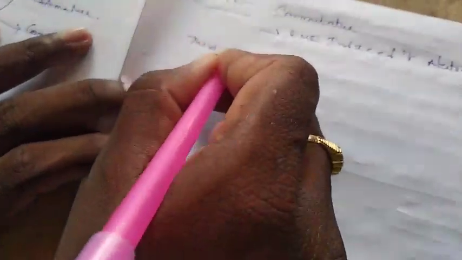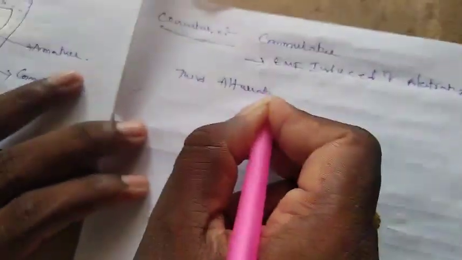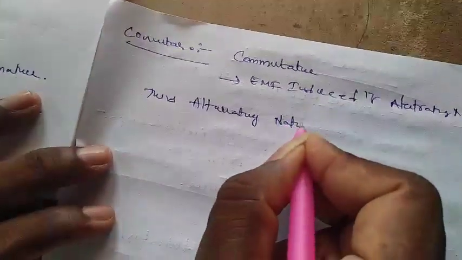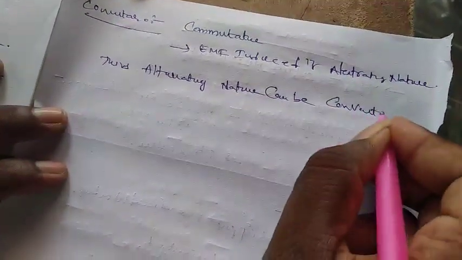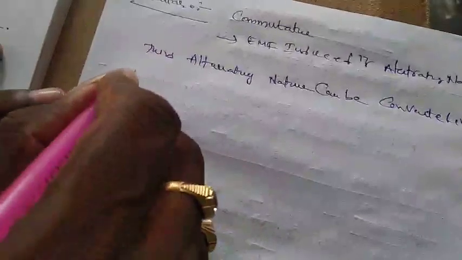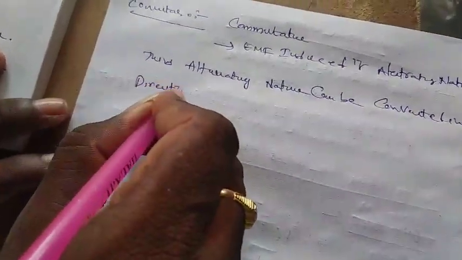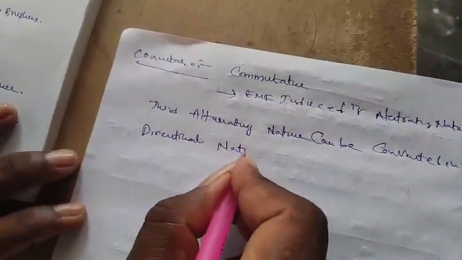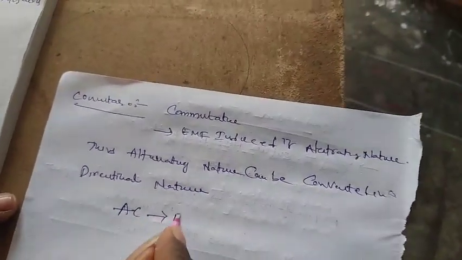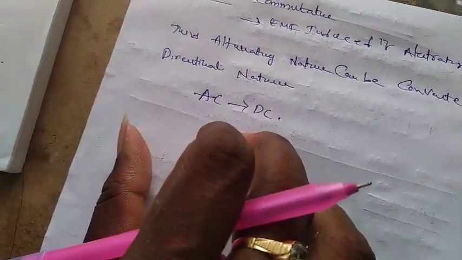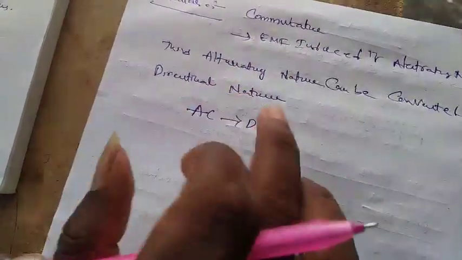This alternating nature can be converted into unidirectional nature. That means AC to DC. The commutator action is the conversion of AC to DC.